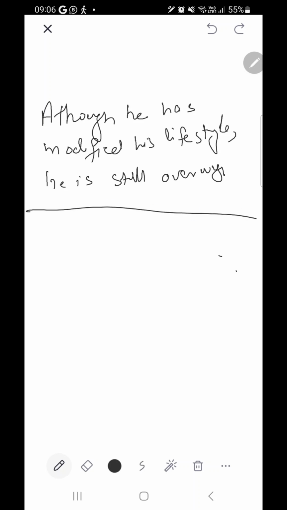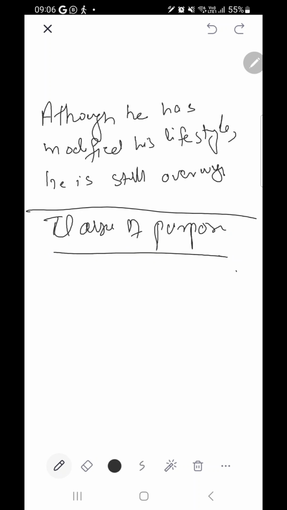Similarly, we have the clause of purpose, where we can express why a certain action was taken in the past and why it is necessary in the future. So we can write it down.